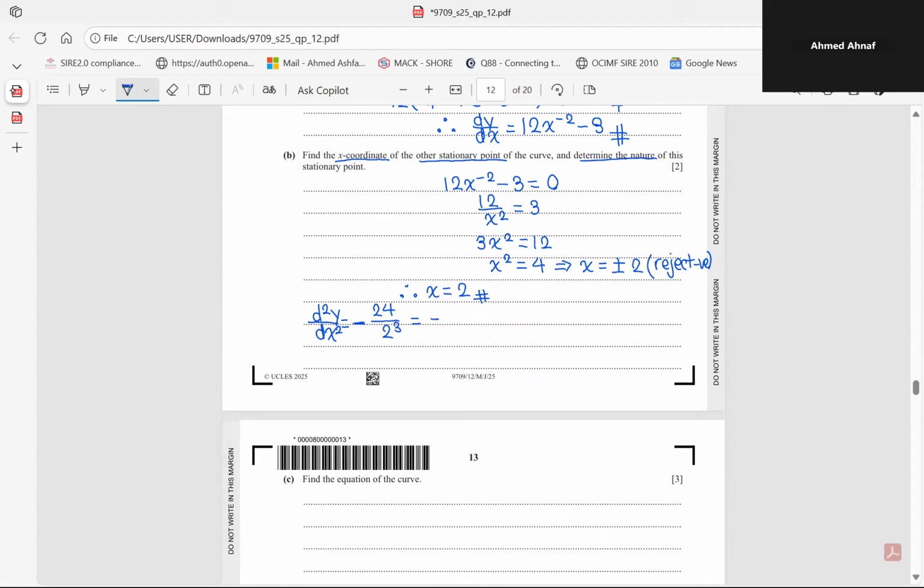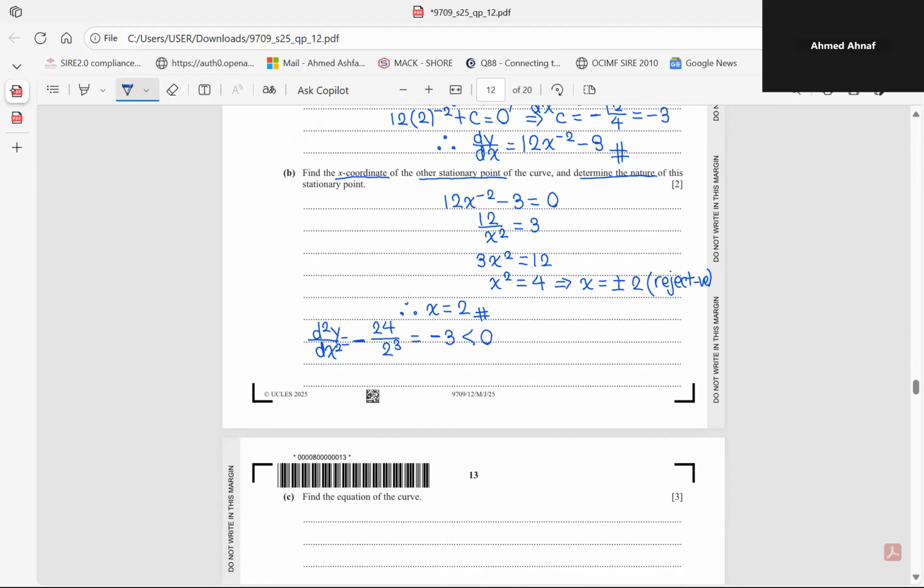So this would give us minus 3, and minus 3 is less than 0. And when your d²y/dx² is negative, the stationary point is a maximum, and vice versa. If the d²y/dx² is positive, it would be a minimum. So hence, we're going to say the stationary point is a maximum point.